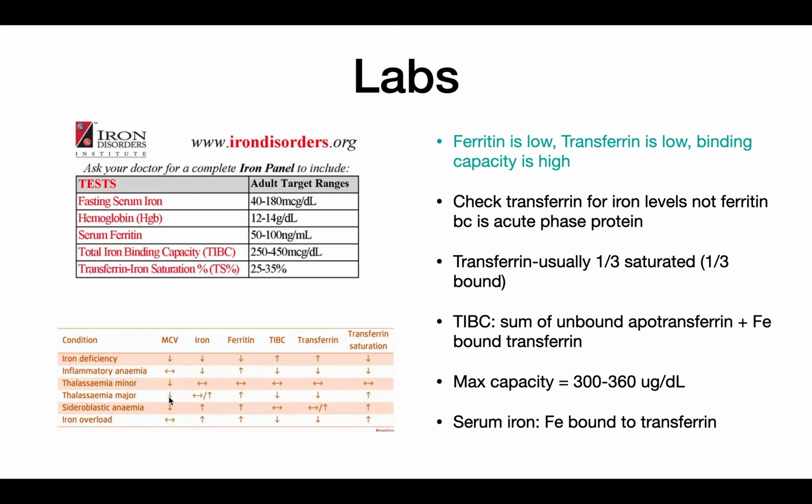While in the thalassemias, minor versus major, there is occasionally increased iron, increased ferritin, decreased total iron binding capacity, and decreased transferrin. So basically the opposite of iron deficiency, which makes sense because the thalassemia would be an iron overload. So kind of important to distinguish.